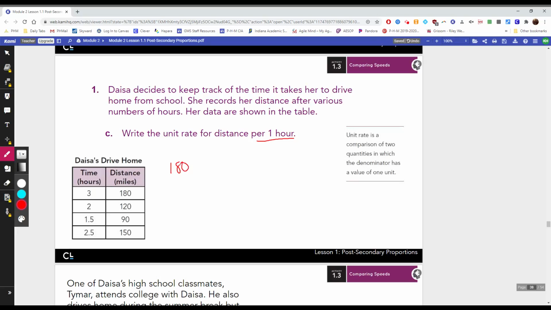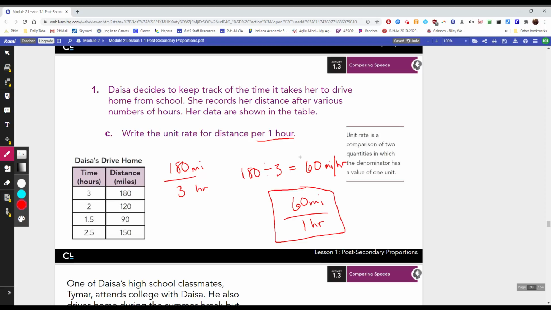To do that, we can take any of those ratios and just divide it. So this literally means 180 divided by 3. That's going to give us 60, and that represents 60 miles per hour or 60 miles over 1 hour. And that would be the unit rate, 60 miles per hour.